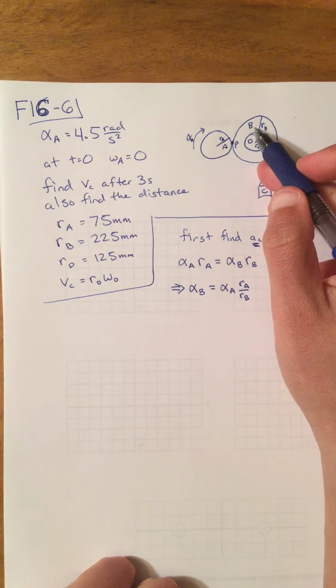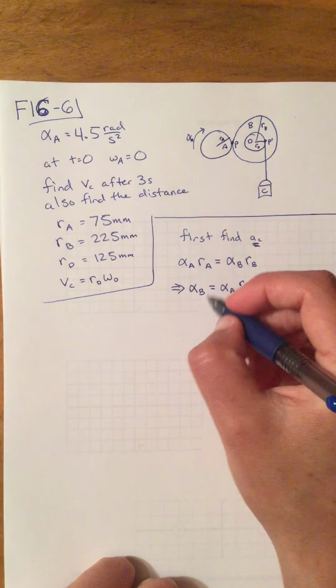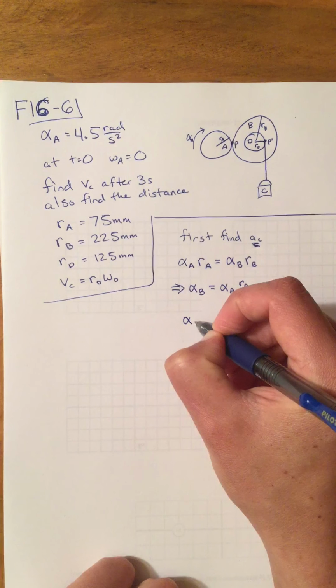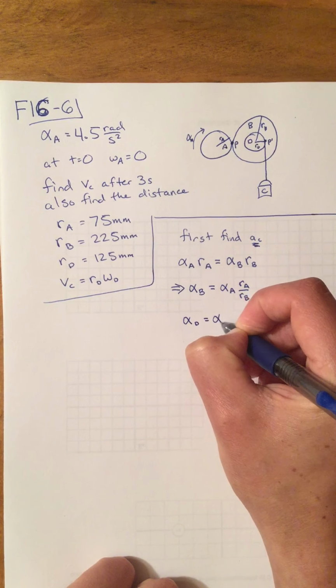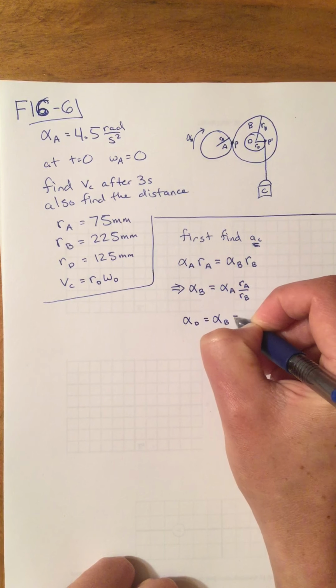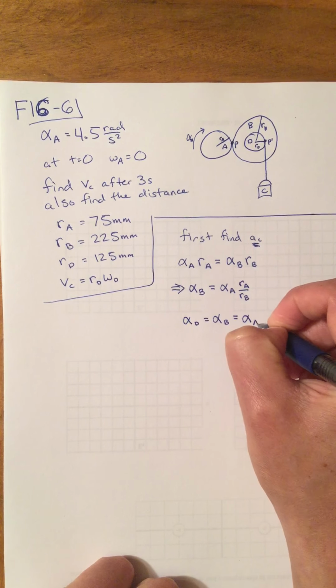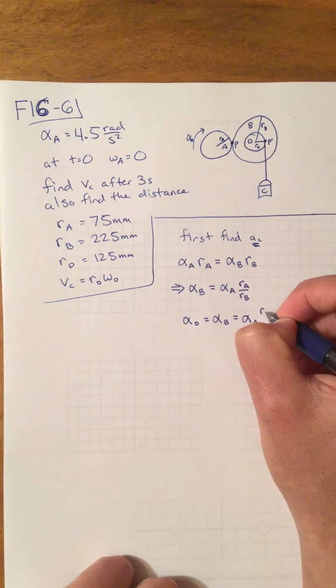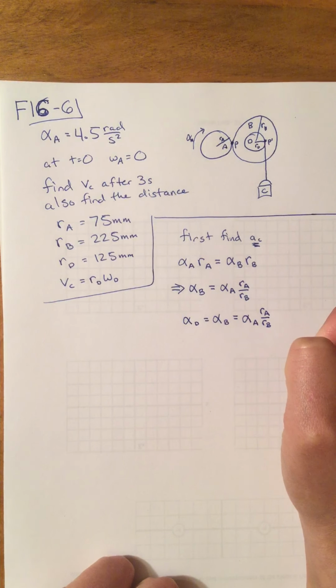Well, gear B and pulley D are rotating together, so they must have the same angular acceleration. So the angular acceleration of D is equal to the angular acceleration of B since they're rotating together. So the angular acceleration of D is equal to the angular acceleration of A times RA over RB.